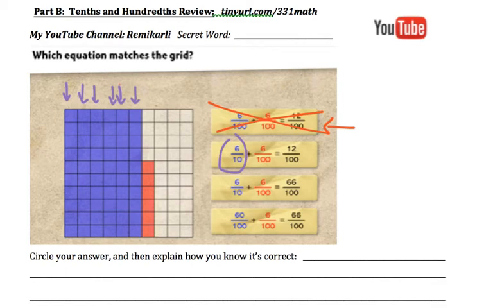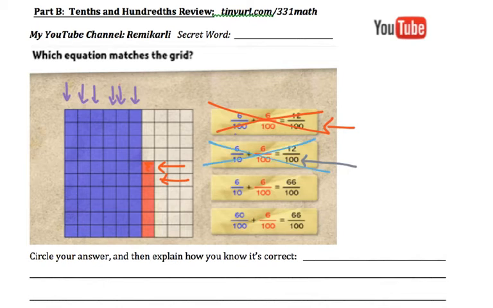And then we also have 6 hundredths because we have 6 of the little squares. But again, there's something wrong with the total because again, the total says 12 hundredths. But it's pretty easy to see how someone might make that mistake. They might think, oh, 6 and 6 is 12, and then that matches the picture, so we must be good. But there's way more than 12 hundredths here.